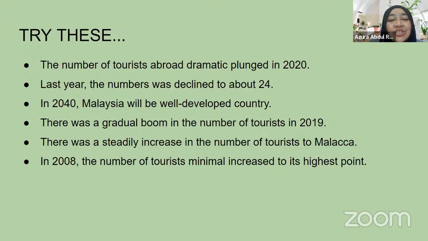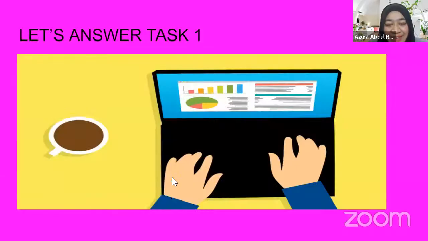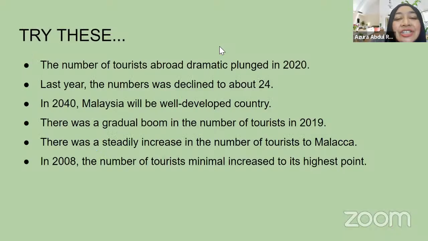Last year, the numbers was declined to about 24. How would you fix this? Should I call people? Okay, who wants to volunteer? Okay. Last year, the numbers was declined to about 24.